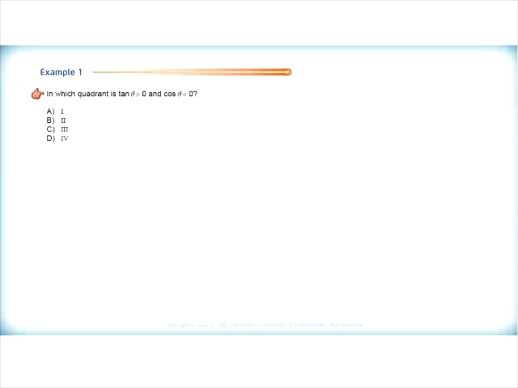Let's have a look at an example that involves the CAST rule. In which quadrant is tan positive and cosine negative? It actually says where's tan theta greater than 0 and cosine theta less than 0. Of course, that means the same thing. Tan greater than 0 means where is it positive, whereas cosine less than 0 means where is it negative. So all we need to do is consider again our CAST rule. Where is tan greater than 0?